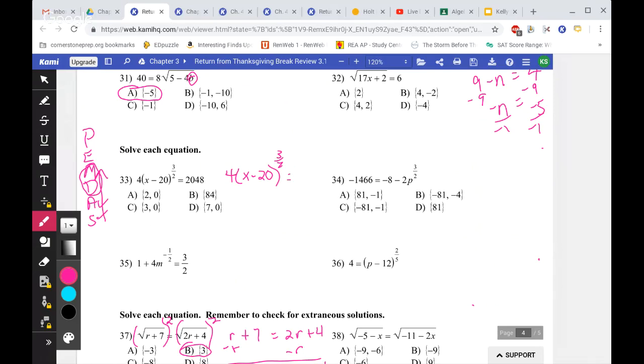And a lot of times when the problems get really complicated like this, I always even will write PEMDAS on my paper and write this little arrow to remind myself that's what I need to do. So I'm going to divide everything by 4. And that leaves me x minus 20 on this side, raised to the 3/2. And then this gives me 5/12 on this side.